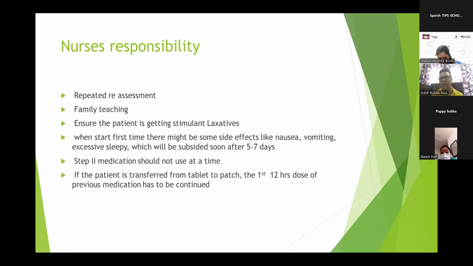If we stop the morphine immediately after starting the fentanyl patch, the patient might have pain for 12 hours. So we suggest giving 3 more doses, if we give morphine 4 hourly, even after putting on the transdermal patch, so that the baseline pain will be maintained and the patient won't suffer.